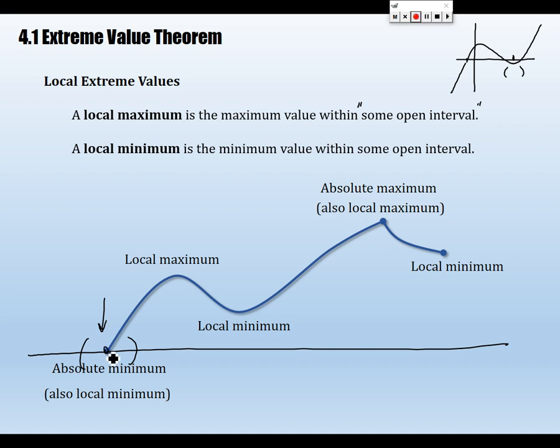Is there some open interval of real numbers containing the x value of this point for which the y value is the lowest? Yes. In fact, any open interval containing that point will do. Does that make sense? So let me draw one there.